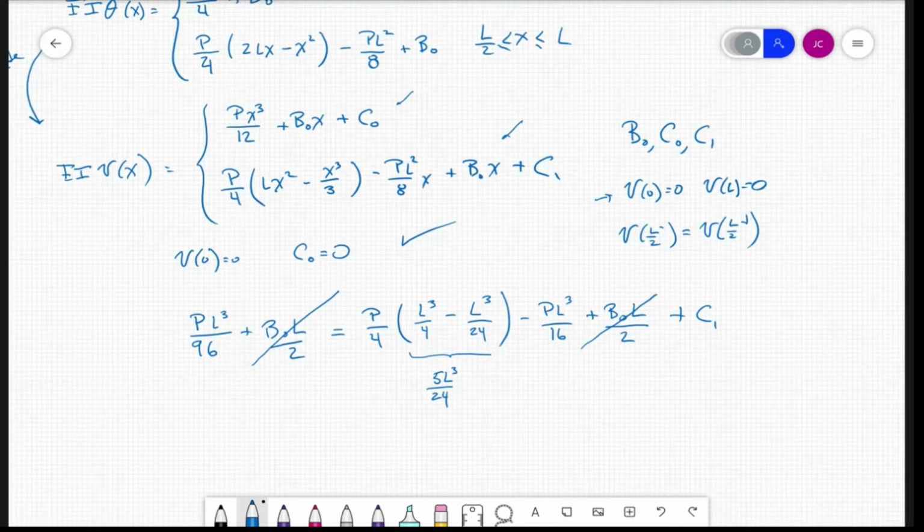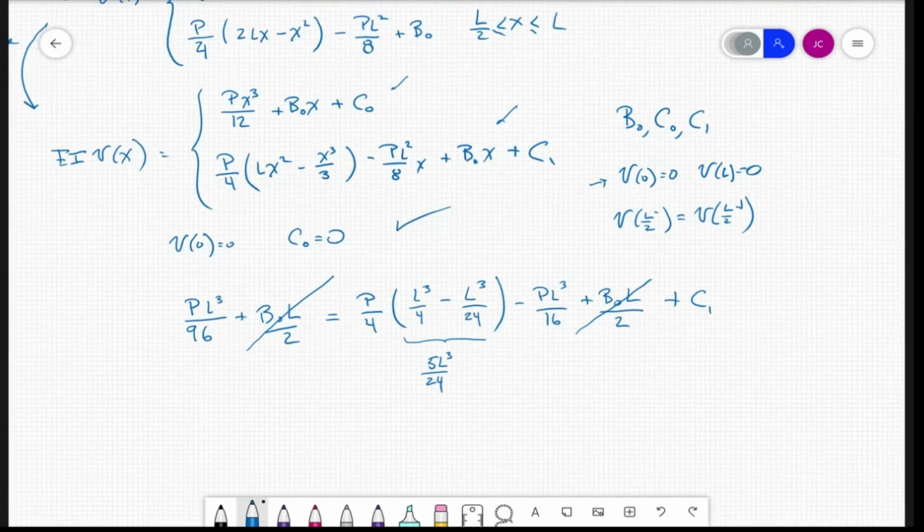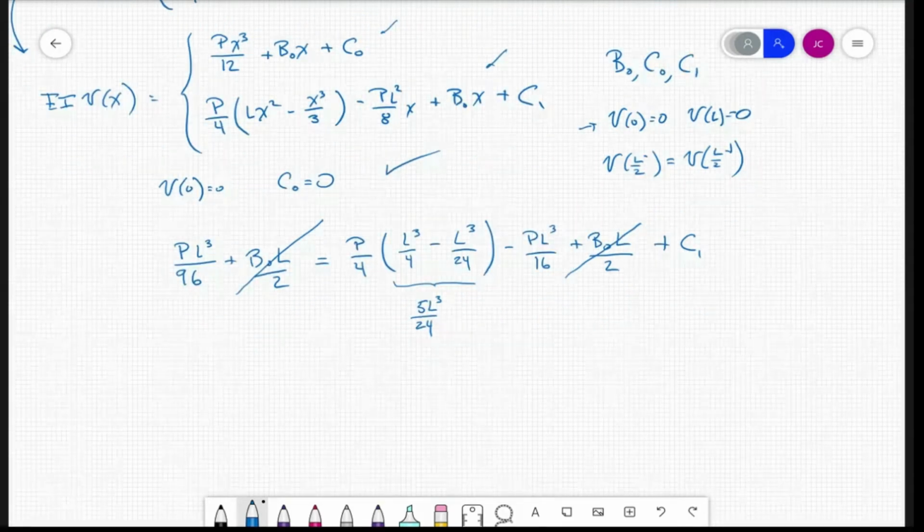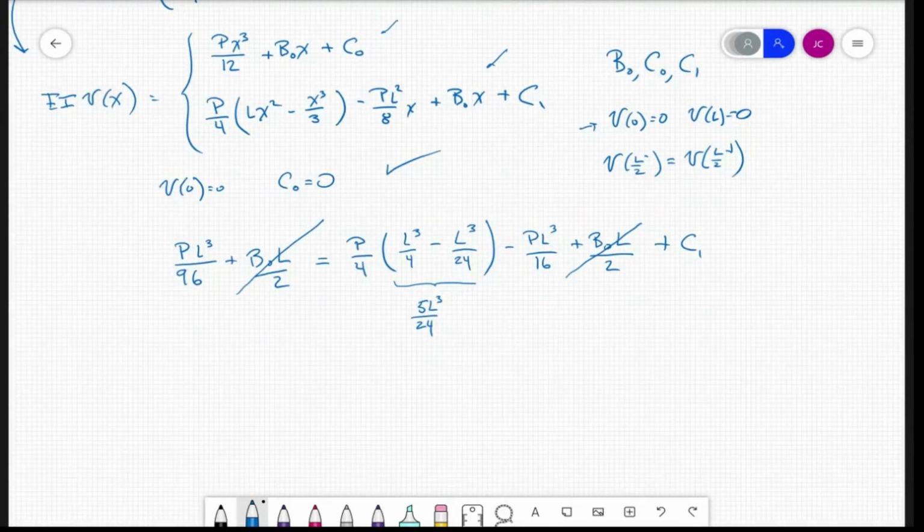So I got P on 4 minus PL squared over 16. All right, so 48.